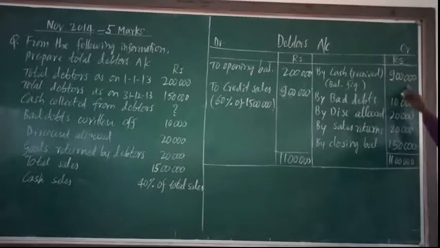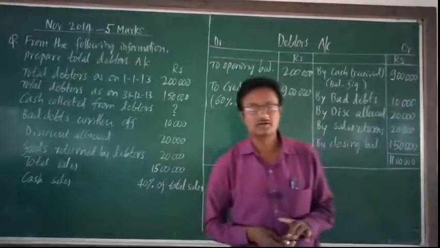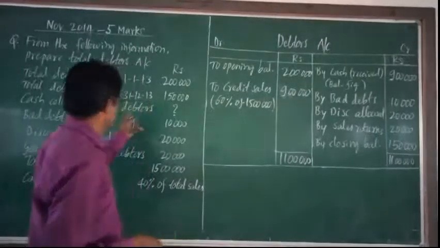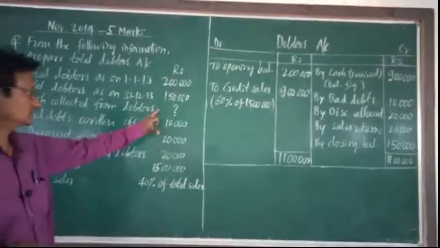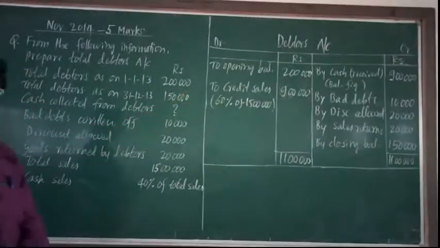And this 9 lakh represents cash collected from debtors or cash received from debtors. Here the question mark or missing item is 9 lakh rupees.